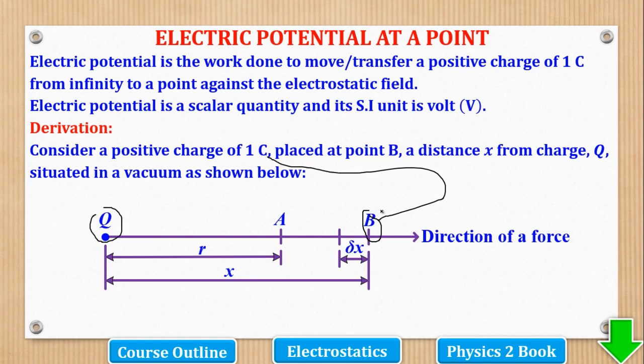So the force between the two will be Q1 times Q2, where Q2 is 1 coulomb, Q1 is Q, and the separation between the two will be x. We are not using r, we are using x because the charge is at this point B.